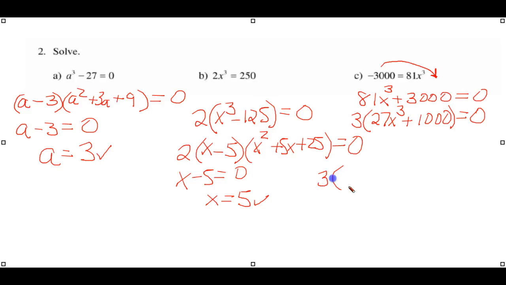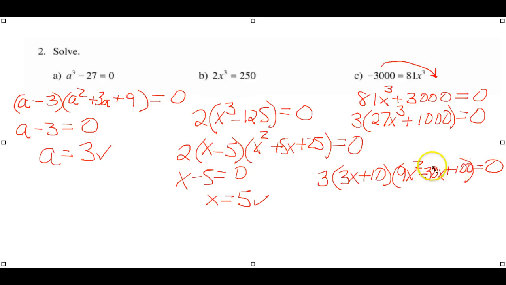So I get 3 now, parenthesis for 2, parenthesis for 3, and this is going to be 3x plus 10, 9x squared minus 30x plus 100.